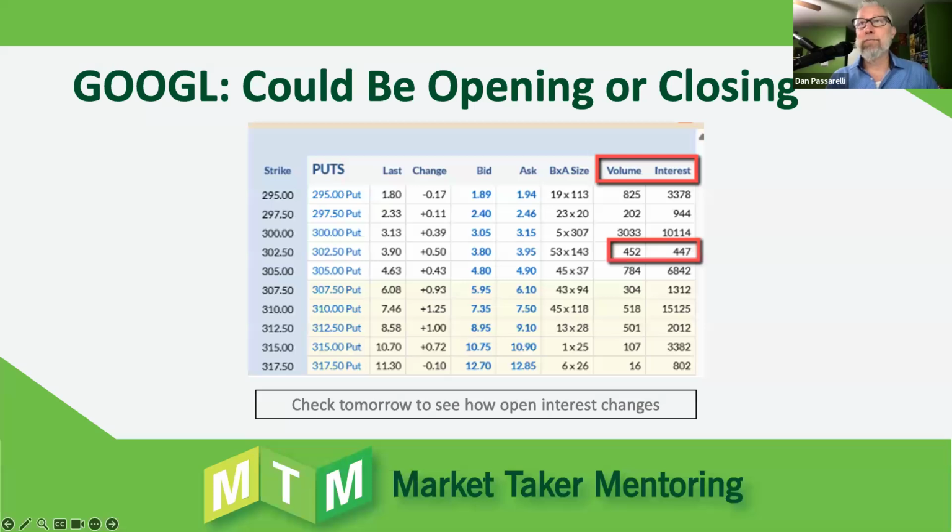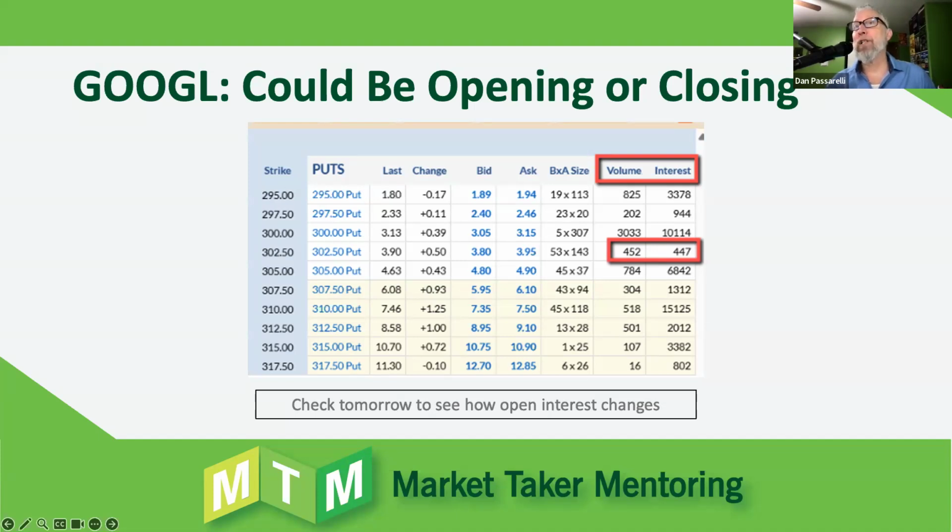How do we know? Well, we take a screenshot, or we write a note on a Google sheet, or write on a piece of paper to look tomorrow and see how much open interest changed. If tomorrow open interest is a lot less, maybe 10, well, we know that most of those were closing.